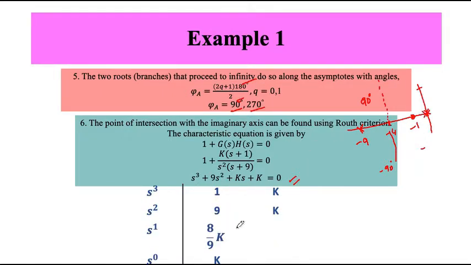Okay, so this is s^3 is 1, k; s^2 is 9, k; then I am cross multiplying and dividing by 9, so I am getting 8k by 9. Okay, so what value of k goes to 0? If k is equal to 0, this guy will become 0. Okay, over here, if I put k equals to 0 here, it will be 0 here.